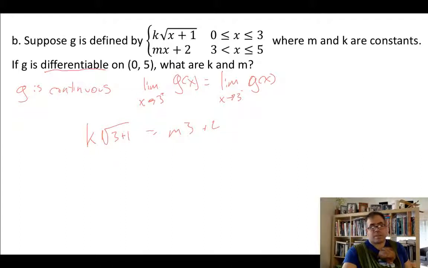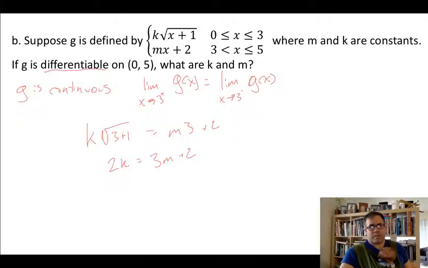So we know that 2k equals 3m plus 2. So this is one bit of information. That's just using continuity. We haven't even used the full strength of differentiability.